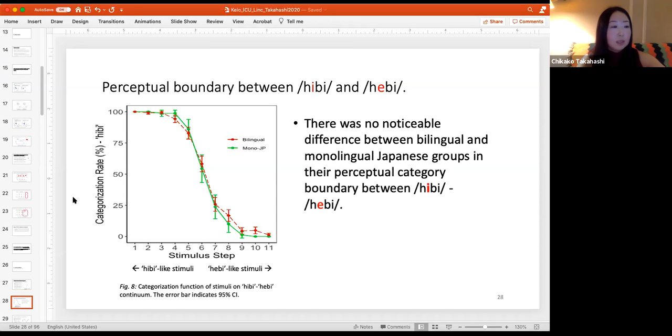So here is the result for the categorization. There was no noticeable difference between bilinguals and monolingual Japanese groups in terms of their perceptual category boundary between hibi and hebi, which you can estimate around the 50% area here.